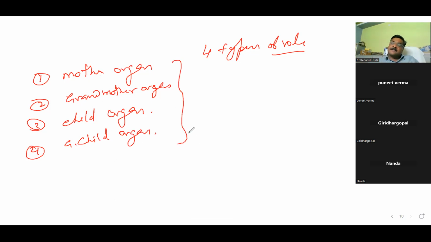Each element is playing four kinds of role.